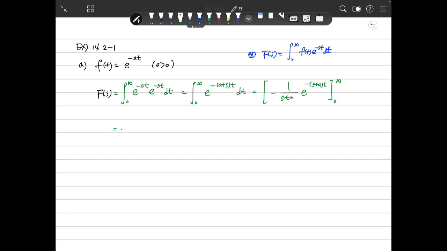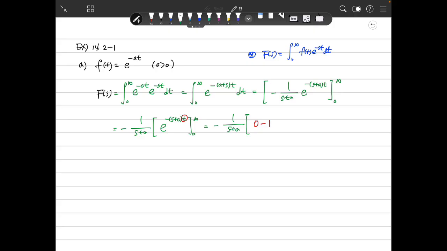When t is infinity, the exponential goes to 0, and when t is 0, the exponential is 1.